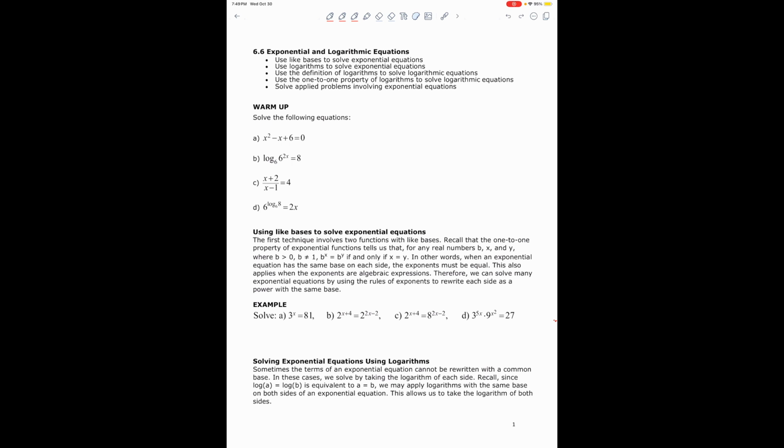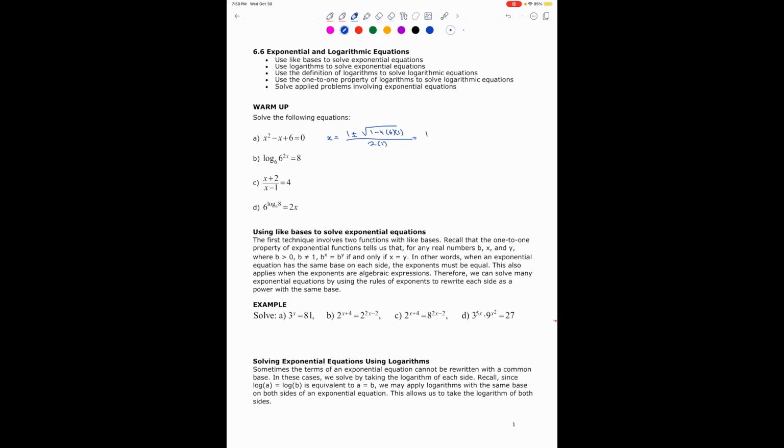Here's a warm-up activity. Solve the following equations. So the first equation is basically a quadratic equation, which means we can't factor it. So we're going to use the quadratic formula. So we're going to have x equals negative b plus or minus square root of b squared minus 4ac divided by 2a.